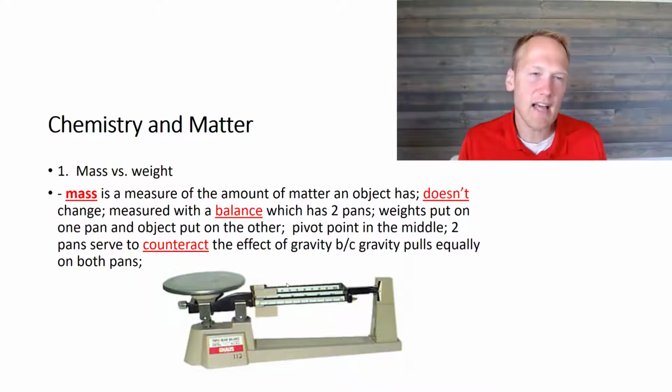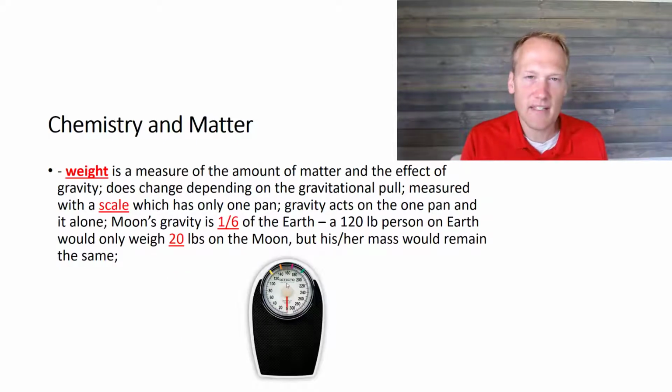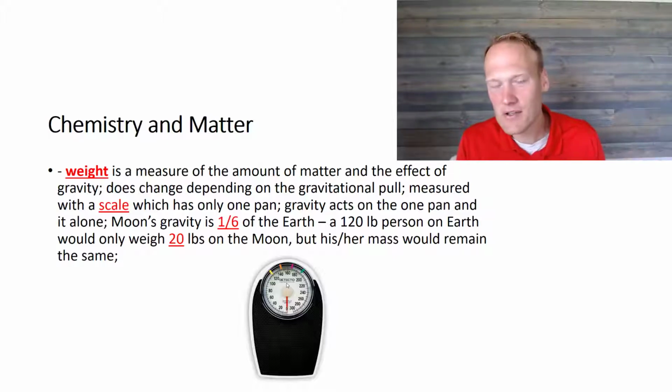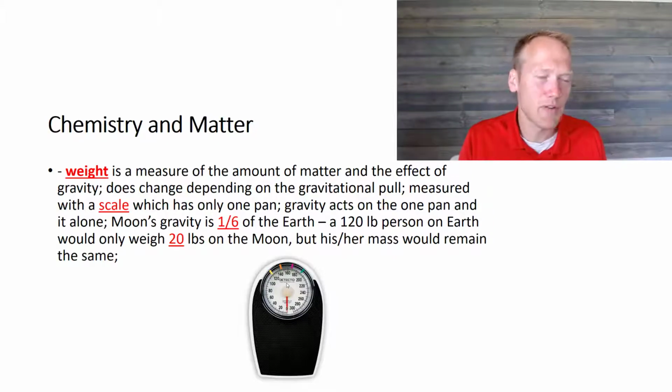But the key is to not confuse that with weight. Weight is the effect of gravity on that mass. So your weight would theoretically change depending on which gravitational object you are closest to. We typically associate weight with the Earth. The moon's gravity is less, and therefore if you're on the moon, your weight would change.